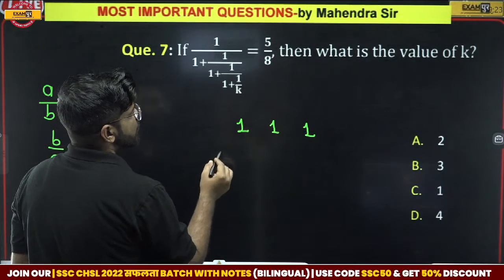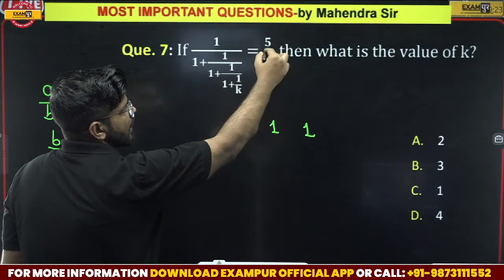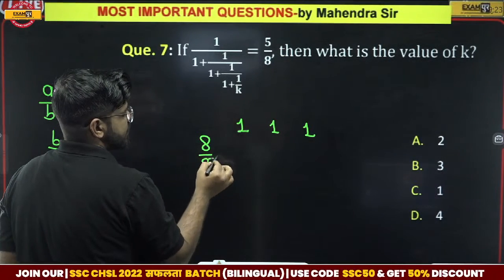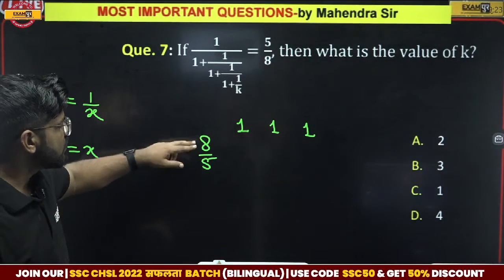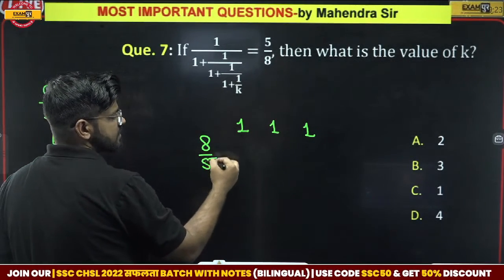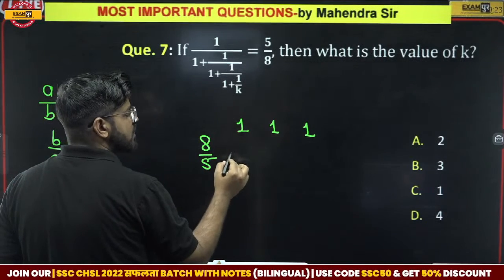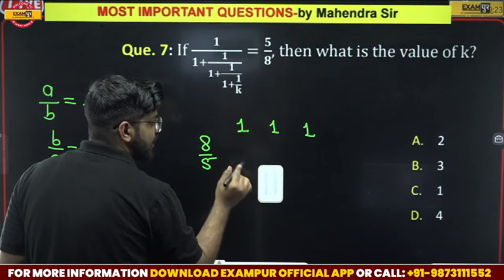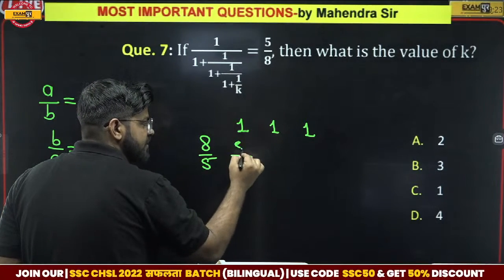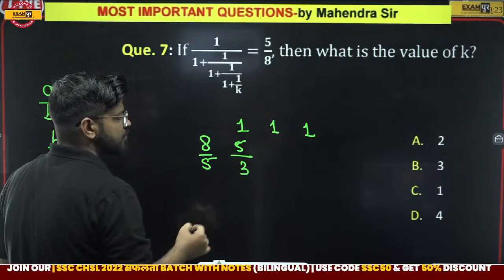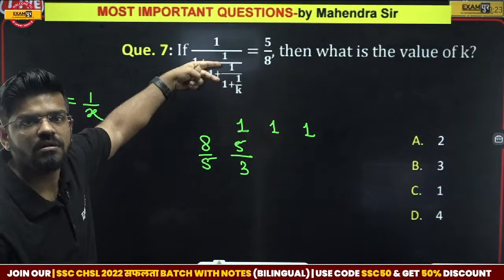First of all, we convert it into 8 by 5. Now find the difference between these two. The difference is 3, so we will get 3 by 5. But we have to write 5 here, and the difference of this is here, because we also have to invert it.